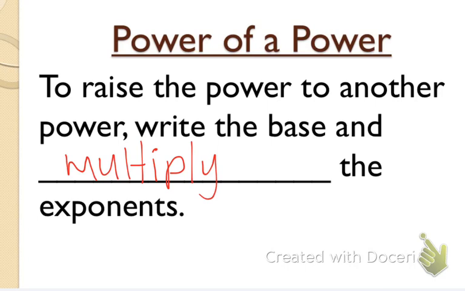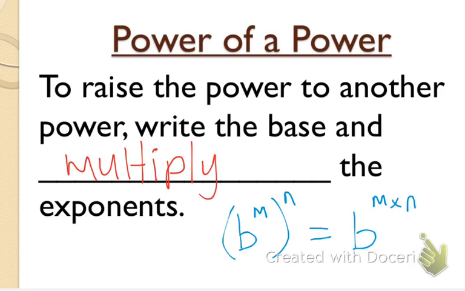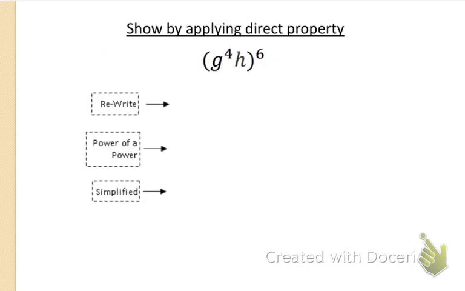So for example, let's say we have this power raised to this power. Oop, wrong one. This power. What it says to do is keep the base and simply multiply the two exponents. And that is exactly what we're going to do without expanding so much. So let's apply the rule.